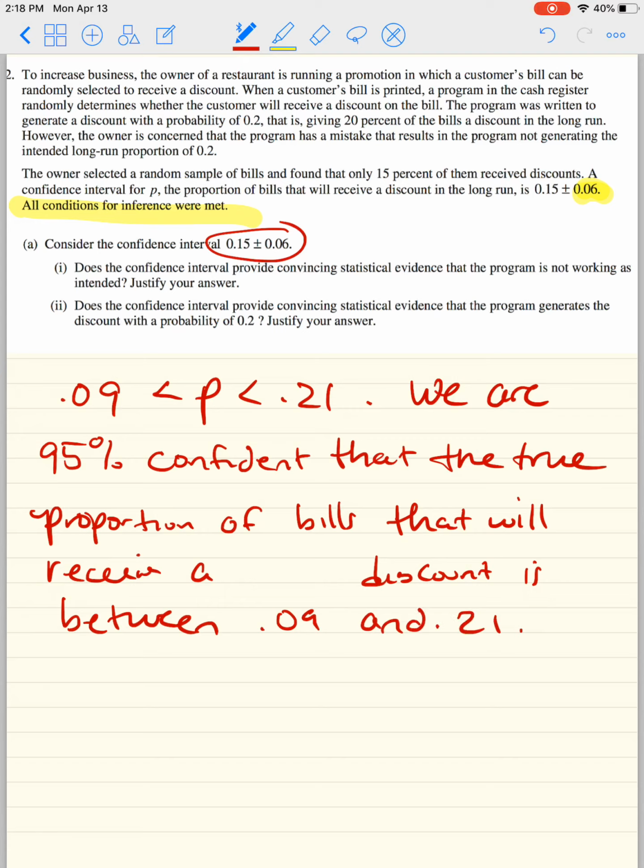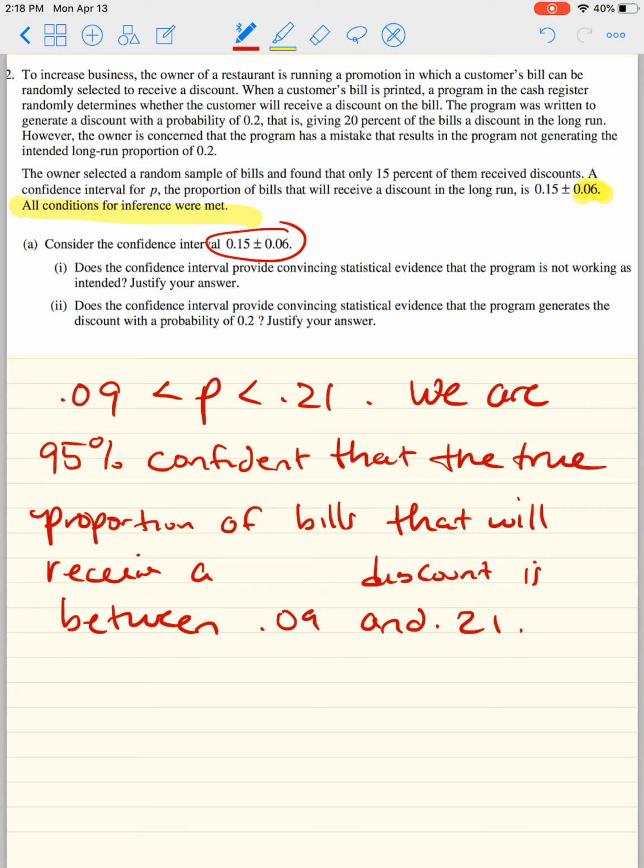So that's what we would say. So we would say 95% confident that the true proportion of bills that will receive a discount, or the true proportion of people that will receive a discount, is between 0.09 and 0.21.